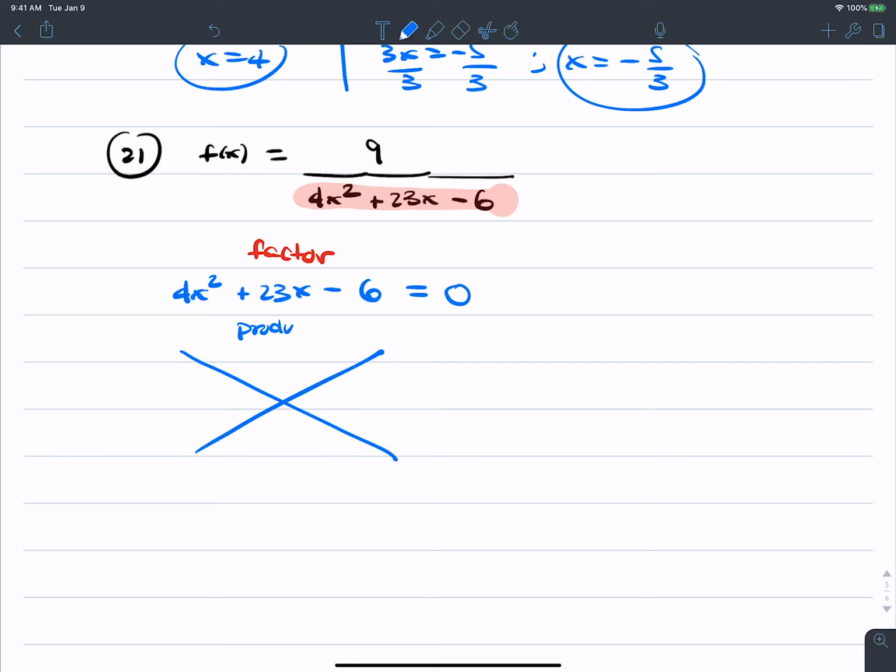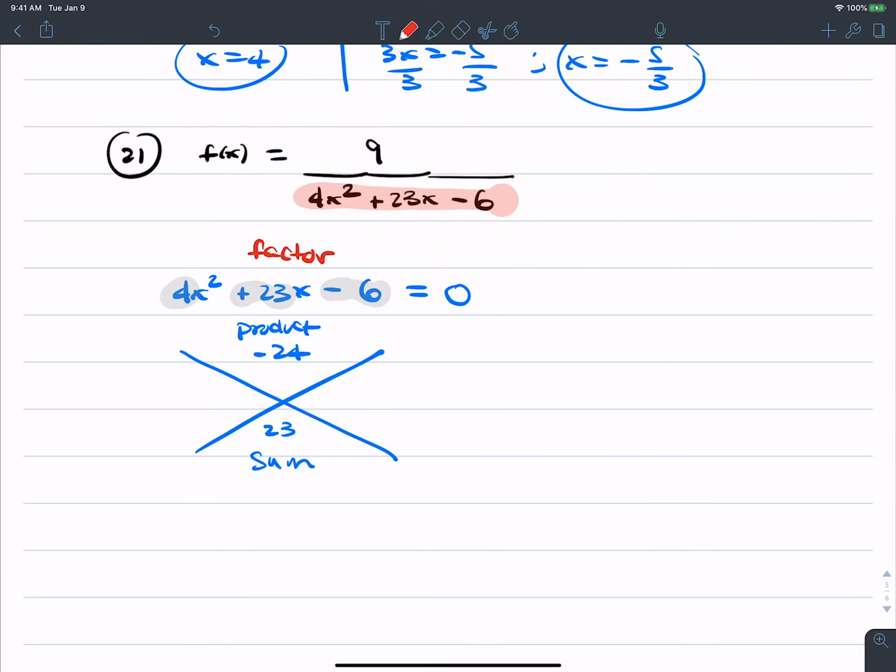So remember, we have a product here. We just take the numbers here, 4 times negative 6, which gives you negative 24. The sum here is positive 23. So we'll need two numbers which multiply to negative 24, but when added give positive 23.